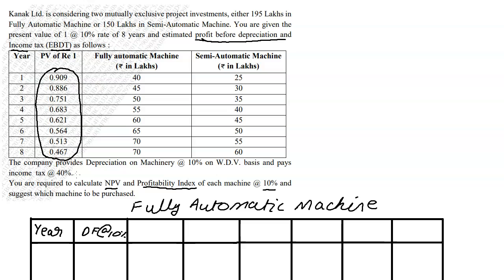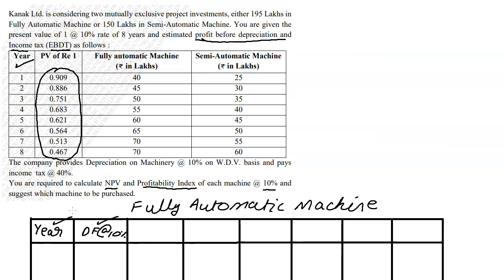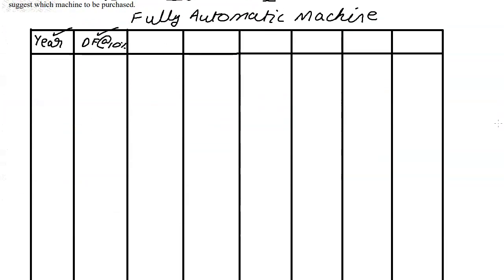Now, we have all of these given to us, so we don't have to take tension. We can simply pick them up and put them here. Similarly, years have been given, we'll place them here. I'm going to go ahead and fill this up, and then we're going to continue with the rest of the question. Years we have 1, 2, 3, 4, 5, 6, 7, 8.